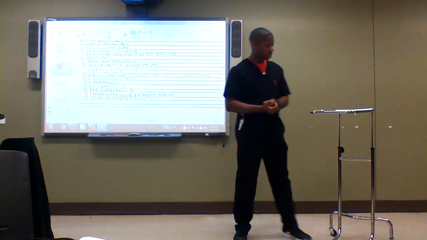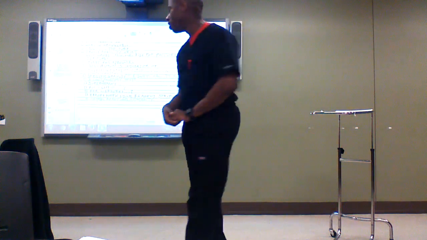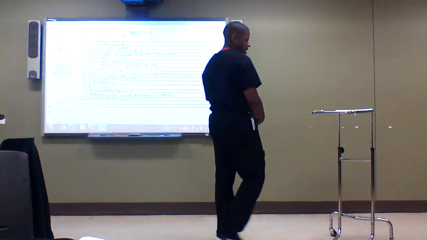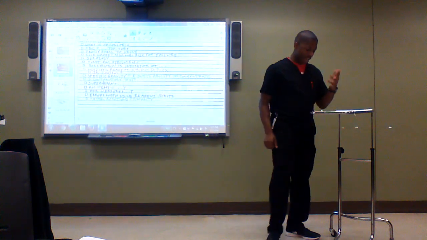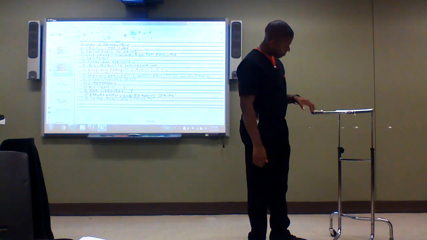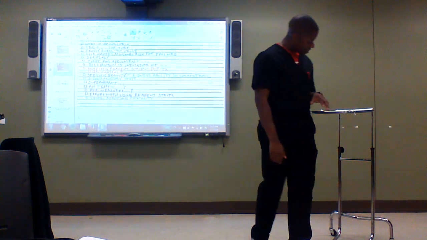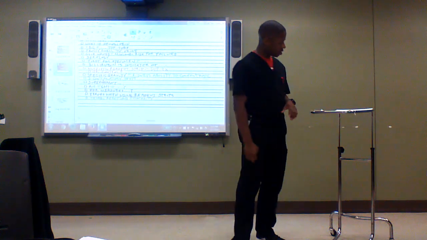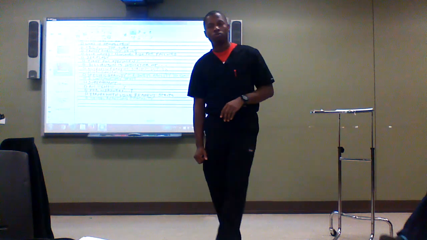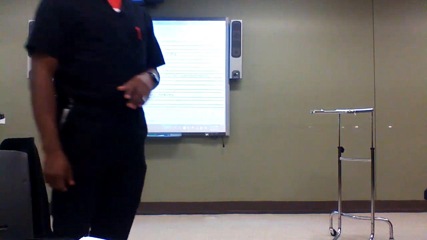A1C kind of relates to GHB. What did I say A1C is? That's the test they do for glycosylated hemoglobin, for diabetes. It has to do with red blood cells.